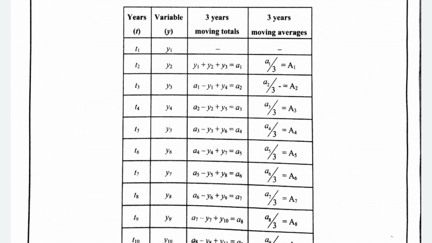Then from that a1 you subtract y1 and add y4, you get a2. From a2 you subtract y2, add y5, you get a3. From a3 you subtract y3, add y6, you get a4. This way you continue, and whatever totals you get, in the next column you make the average, dividing by 3.